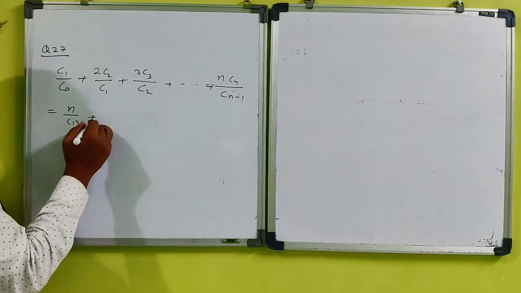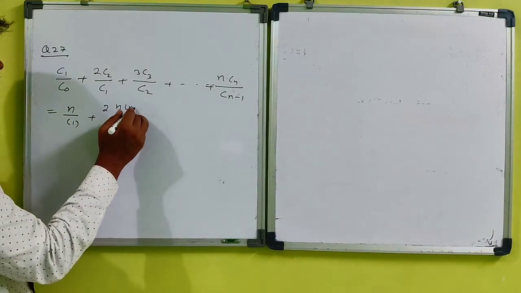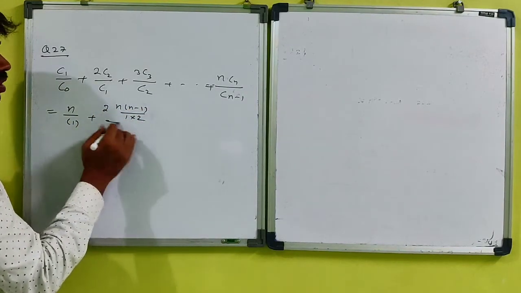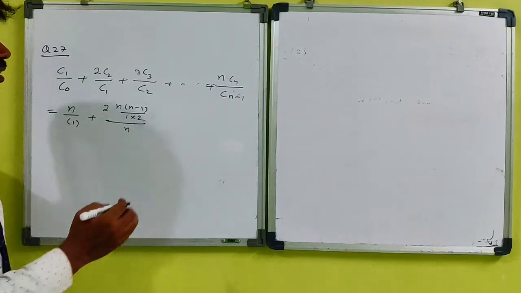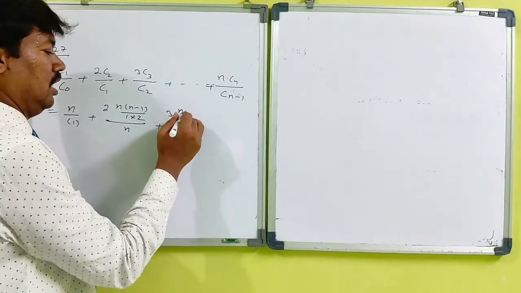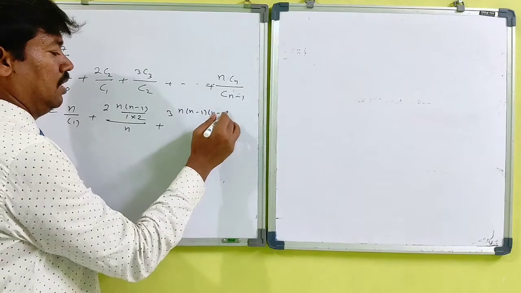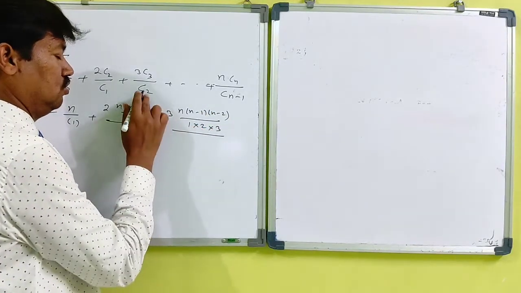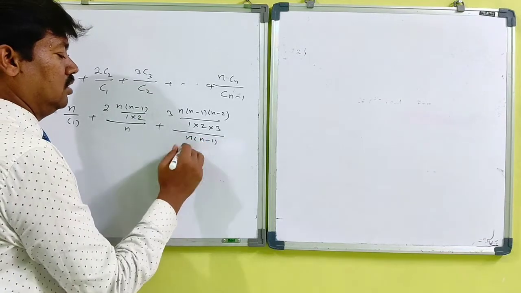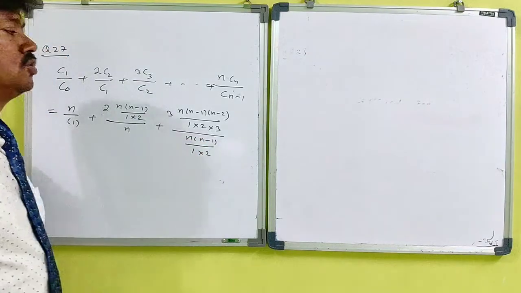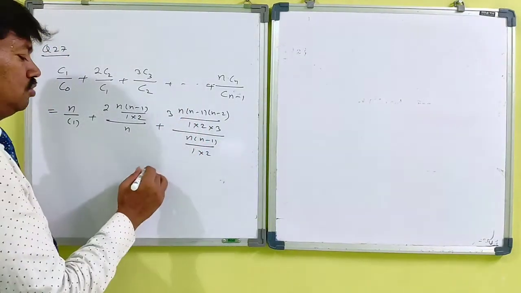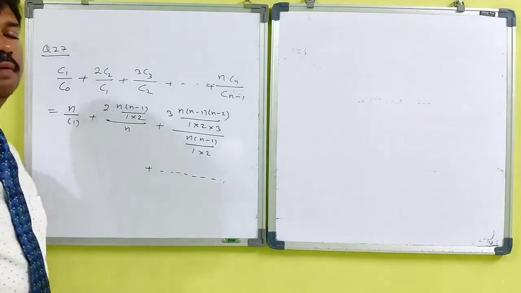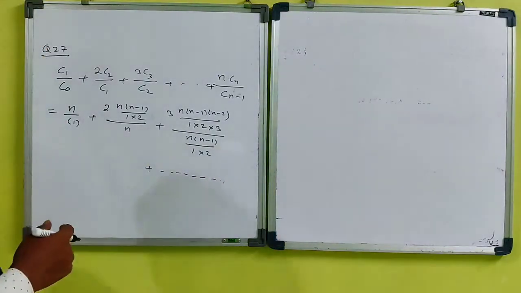Then 2 into C2, that is 2 into n into n minus 1 upon 1 into 2, and C1 is n. Next, 3 into n into n minus 1, n minus 2 upon 1, 2, 3, upon C2. C2 is n into n minus 1 upon 1 into 2, like this, and so on. I'm not writing the last one because it's understandable if you got this.